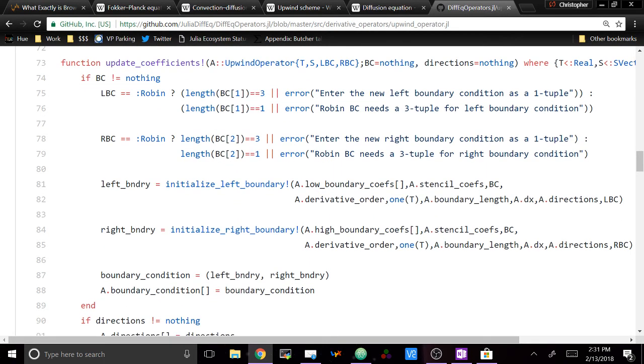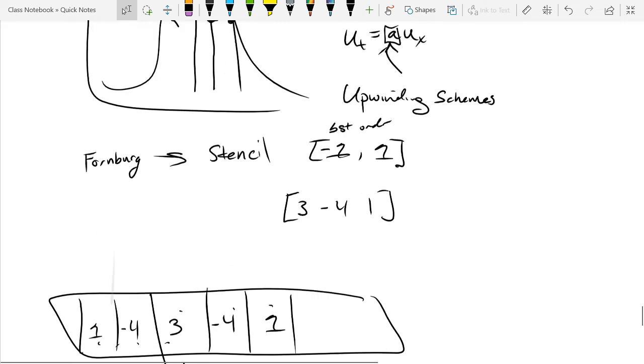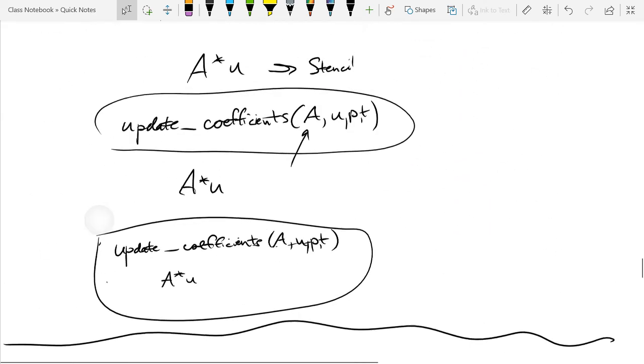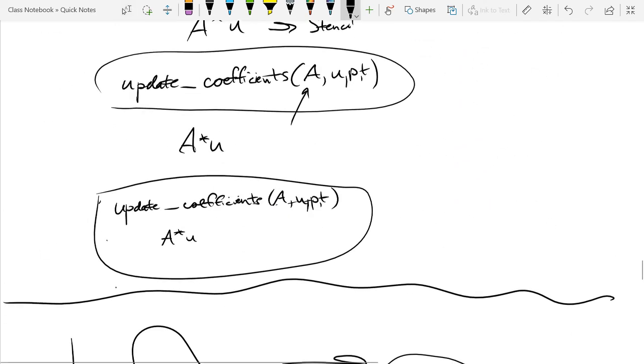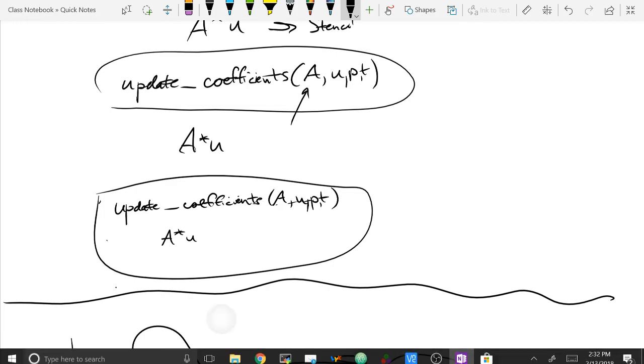Yeah, so in here you can update coefficients with the directions. The issue with that, though, is that if you had this interface where you say, okay, let's update the coefficients in a times u, you will not have known to update the directions in this generic form because these upwinding operators are acting differently.